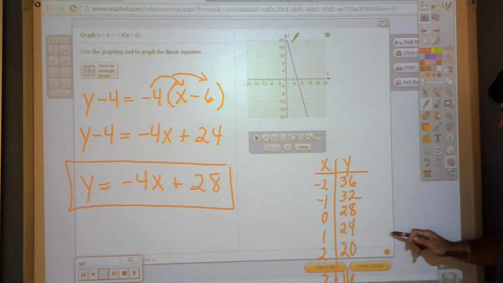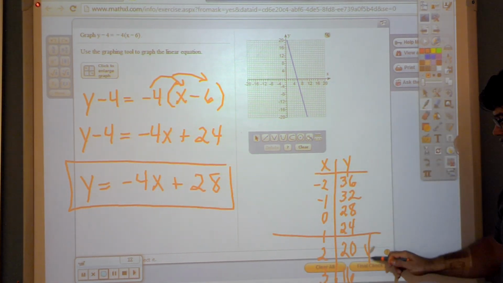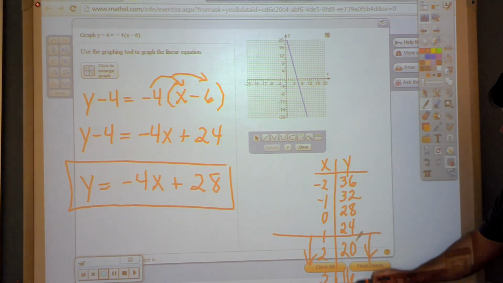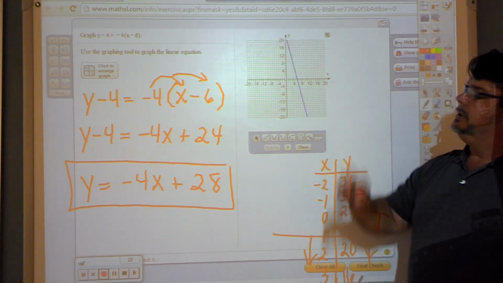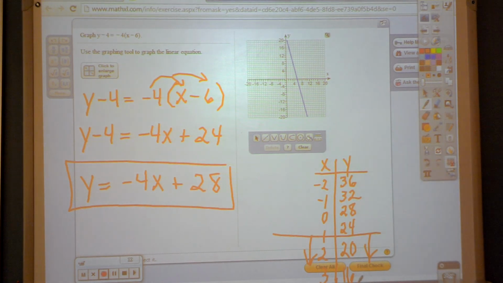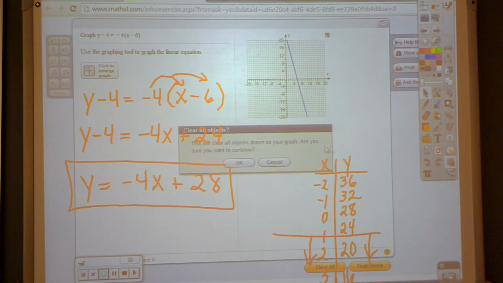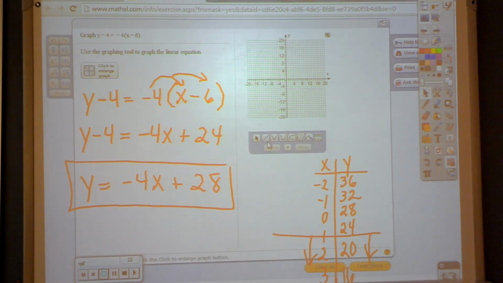You're going to use these points right here because the highest your y can go is 20. And how do you graph it? Well, you hit these 2 buttons right here. Clear. You hit the button that has a straight line, because we haven't learned how to graph nonlinear. And I'm just going to pick 2 points, 2 and 20.